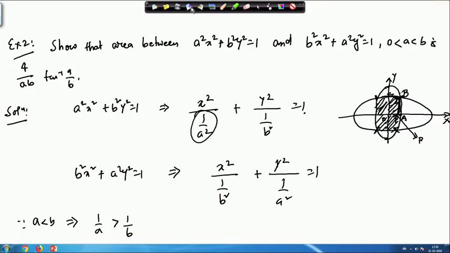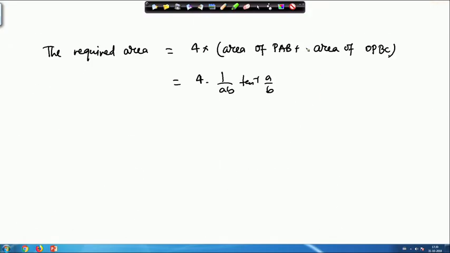So it's a bit lengthy example, but I'm pretty sure you got the idea of what I was trying to say. This is another way to calculate the area of the region bounded by two plane curves. Here the two curves were ellipses, and you always have to remember that in these types of examples you have to draw the figure first. Then notice where they are intersecting, and calculate the point of intersection, or solve them first to get the point of intersection.